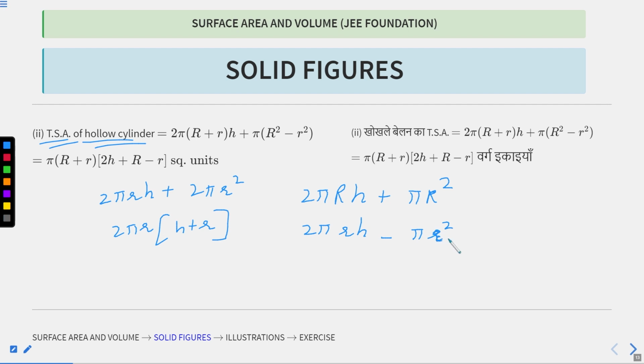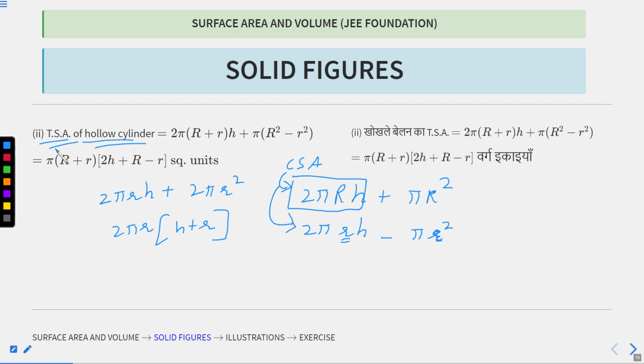Why are we subtracting? Because this is the curved surface area for the old cylinder, or the cylinder with bigger radius R, and this is the curved surface area for the new cylinder, with the small radius r.